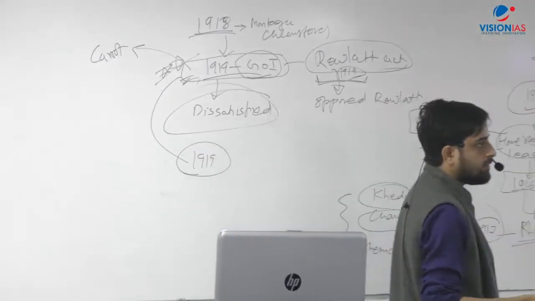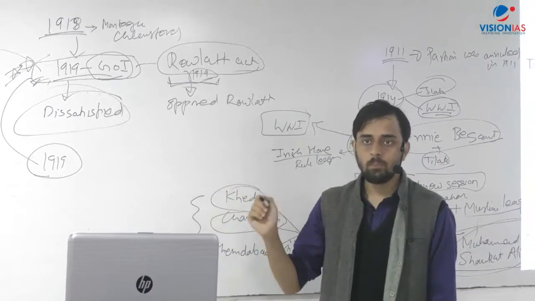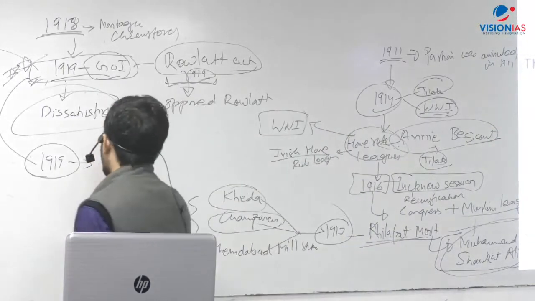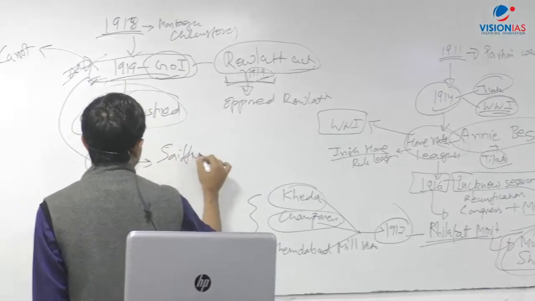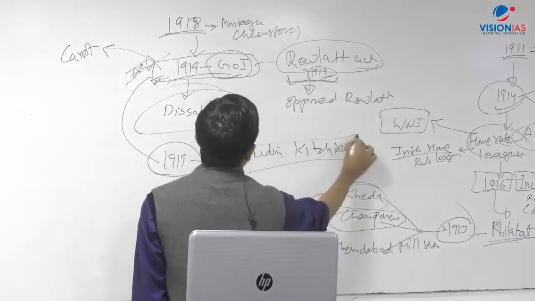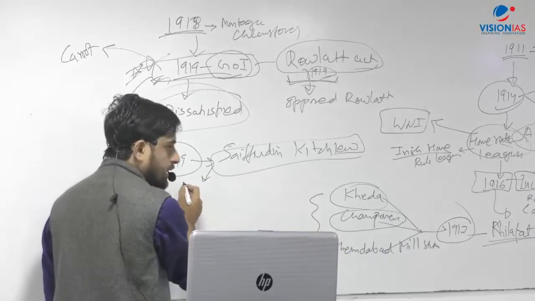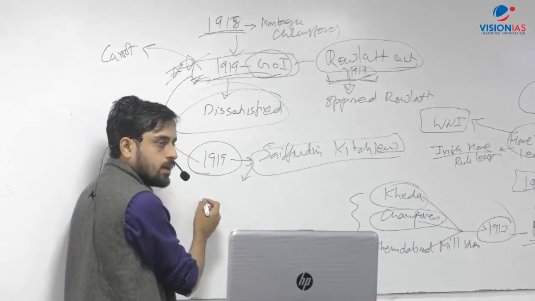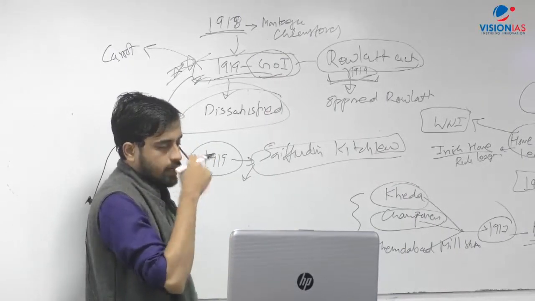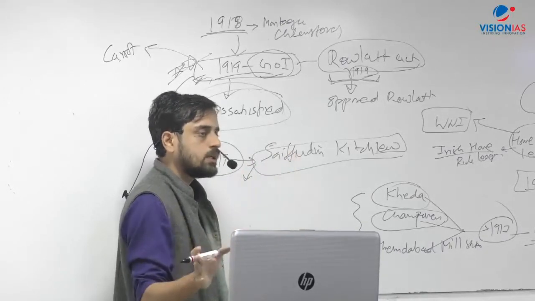At the same point of time in 1919, in one of the popular meetings that was organized to oppose the Rowlatt Act, and when the martial law which prohibited mass meetings was in operation in Punjab, in Amritsar a meeting was organized by Saifuddin Kitchlew and others, and it was in one of these mass meetings in Amritsar that the British fired upon an unarmed gathering of thousands of people, in which more than 1,000 people were killed.